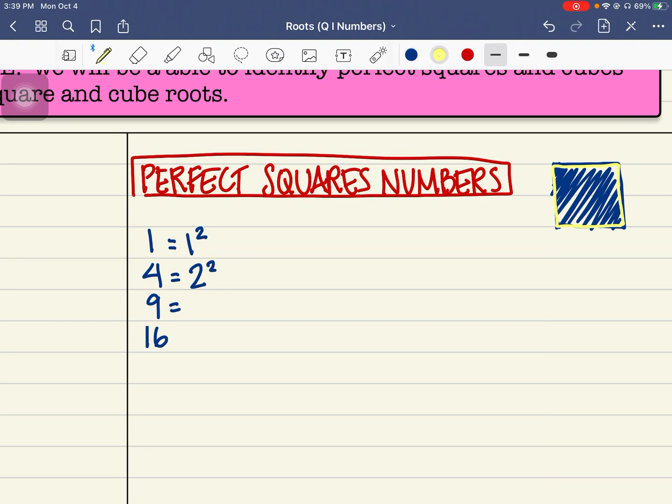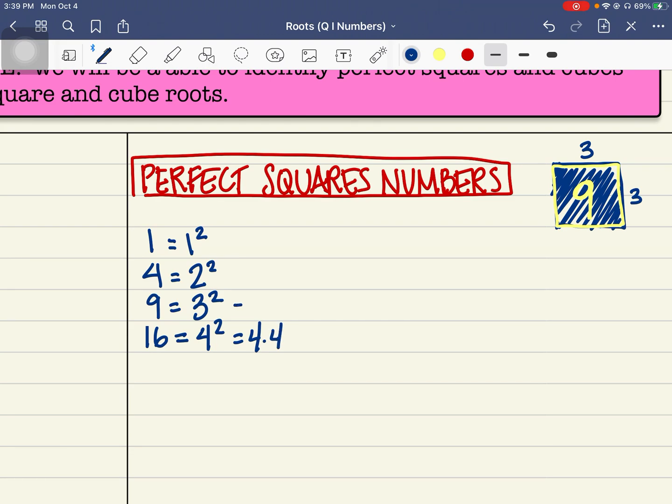If I say that the square is 9, that's because it was 3 times 3. If I look at 16, that's because it was 4 times 4, or 4 squared.